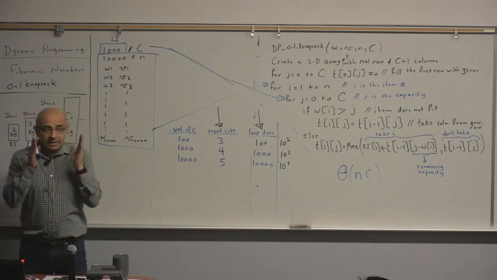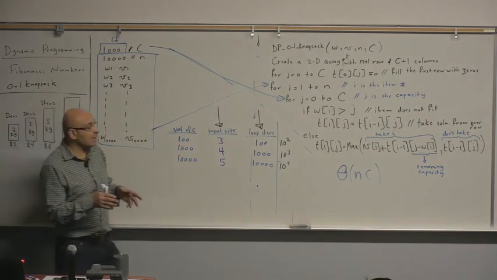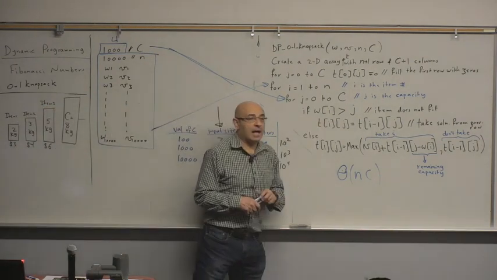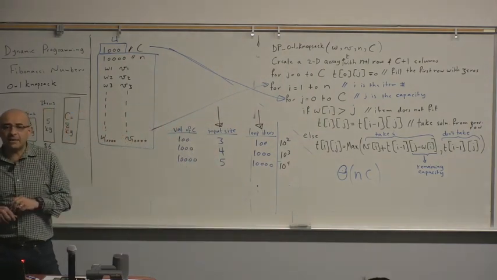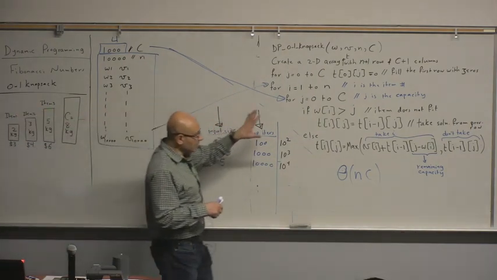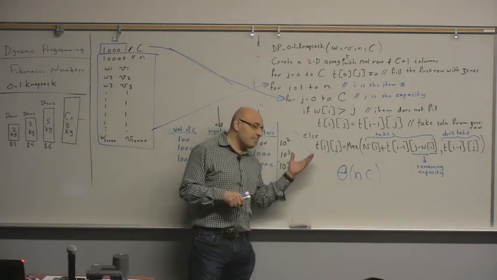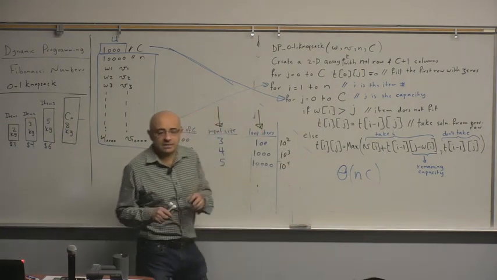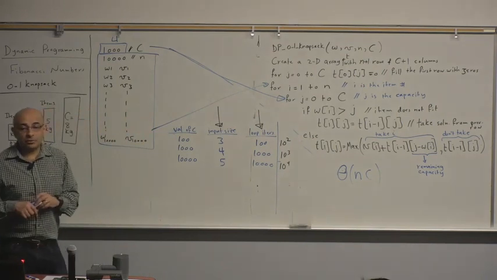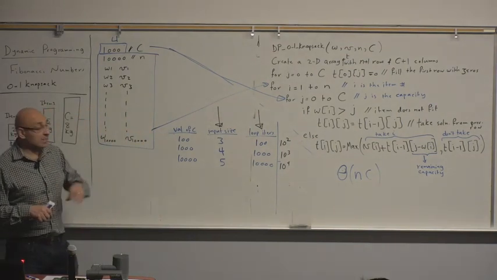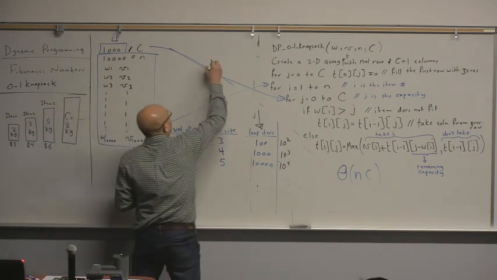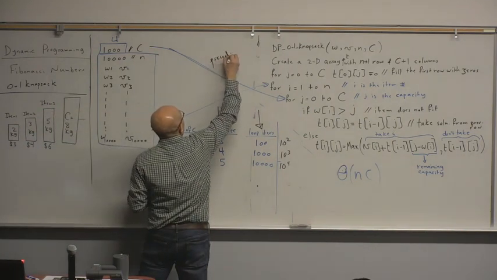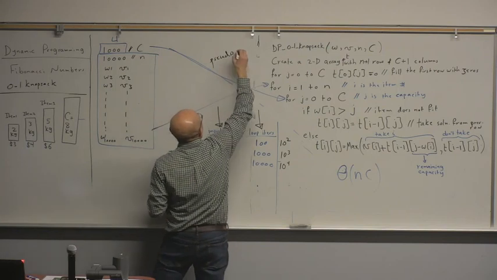So strictly speaking, mathematically speaking, this is an exponential algorithm. It's exponential in the input size. But from a practical point of view, it's practically polynomial. In fact, it's referred to as pseudo-polynomial. So this is considered a pseudo-polynomial algorithm.